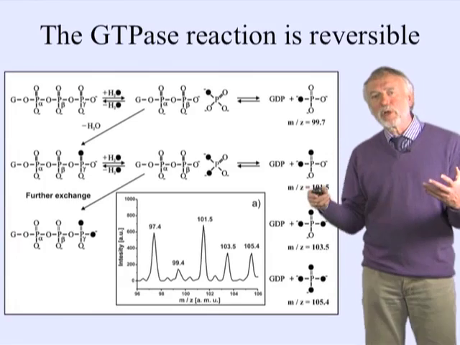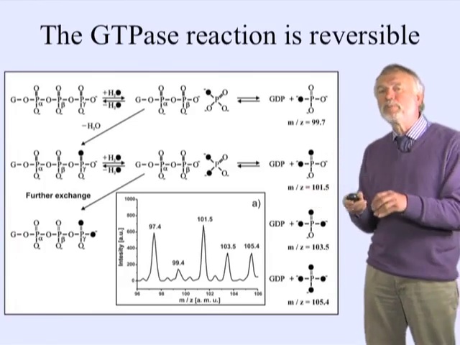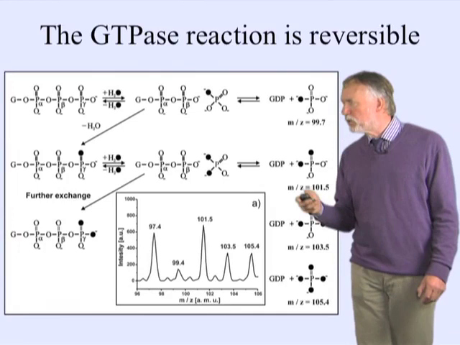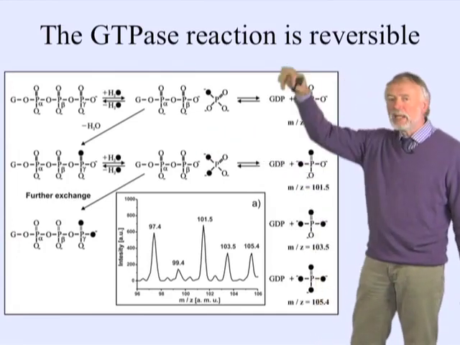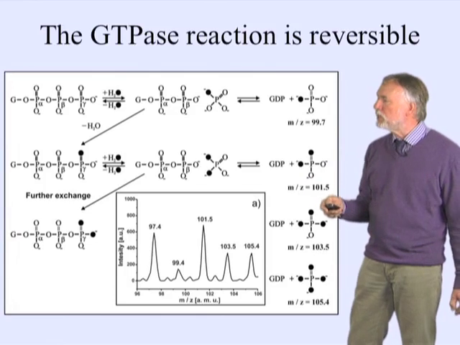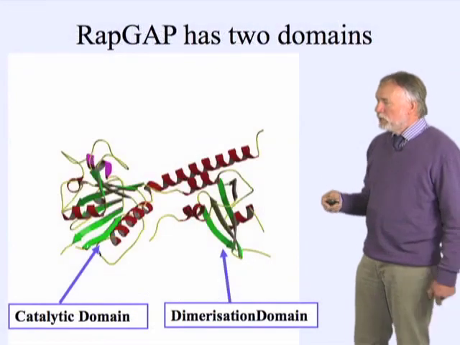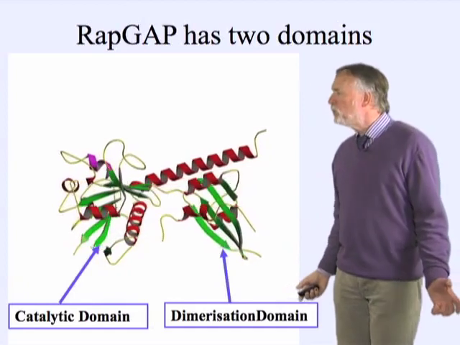So although the overall reaction is downhill, on the enzyme you get a backward reaction. And you can never get it once Pi is released, because then the activation energy for the reverse reaction is too high.